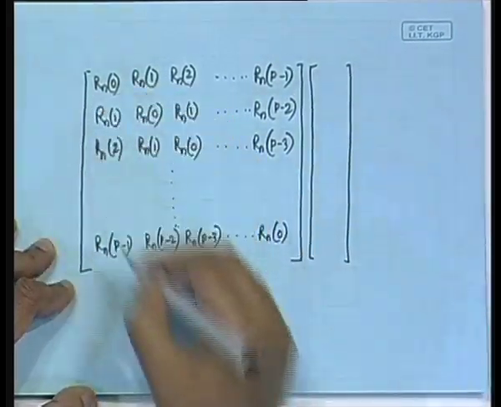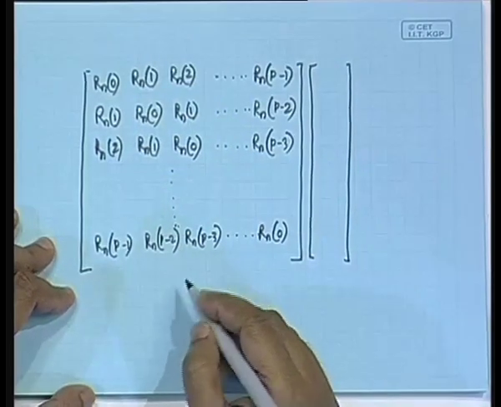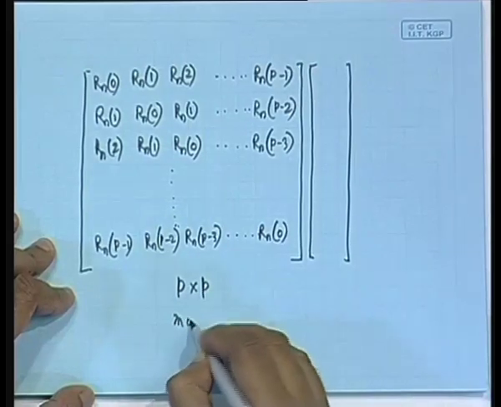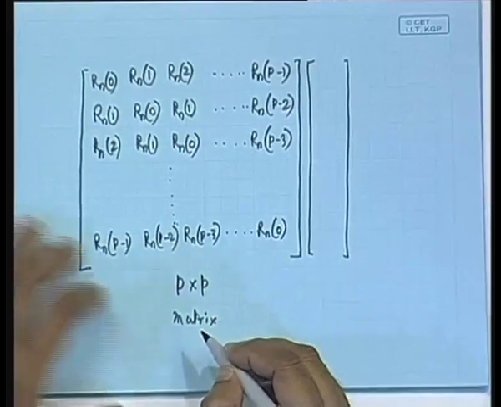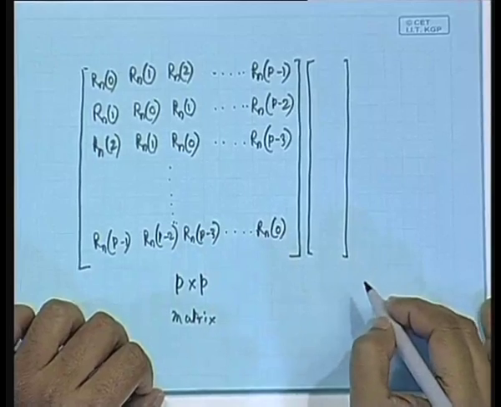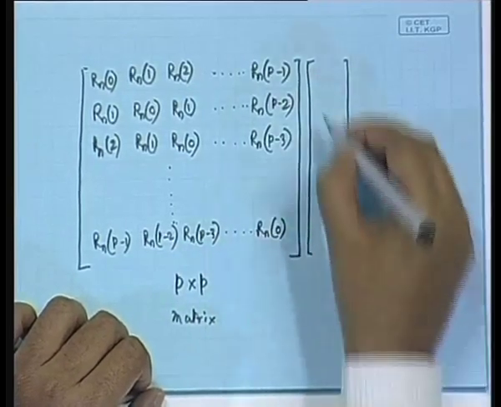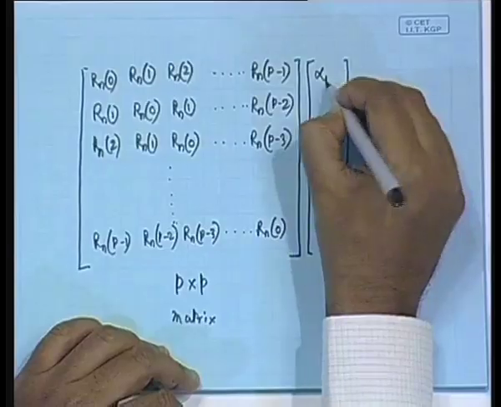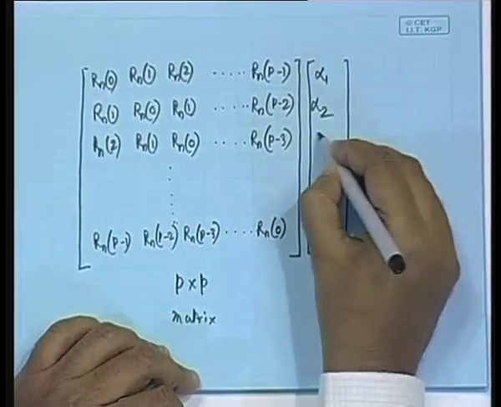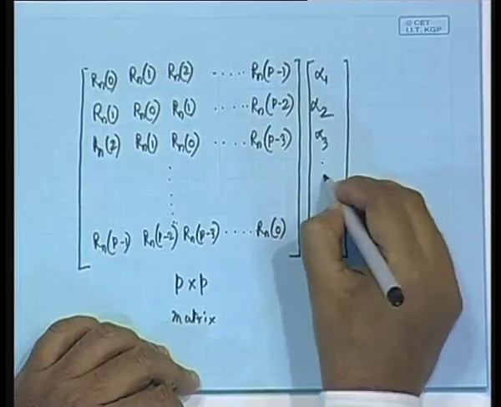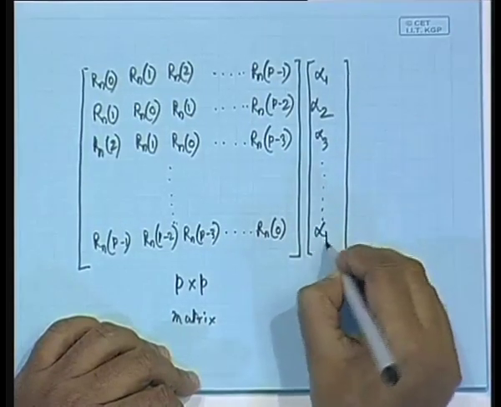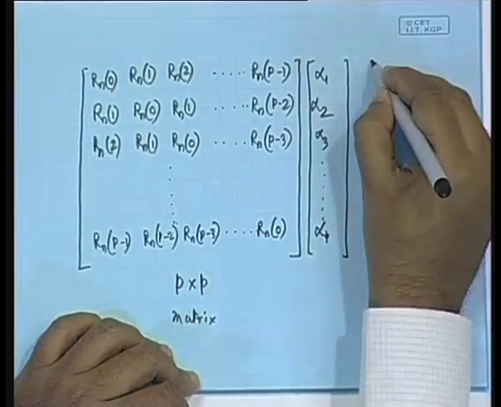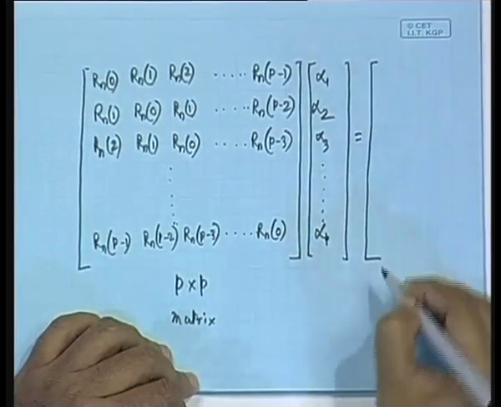This is a matrix of what size? P by P. So this is a P by P matrix, okay, and the P by P matrix will be multiplied by a column vector. That column vector will have the elements we want. We want to solve for alpha 1, alpha 2, alpha 3 up to alpha p, and this is available here in the form of a column vector, and this will be equal to what?